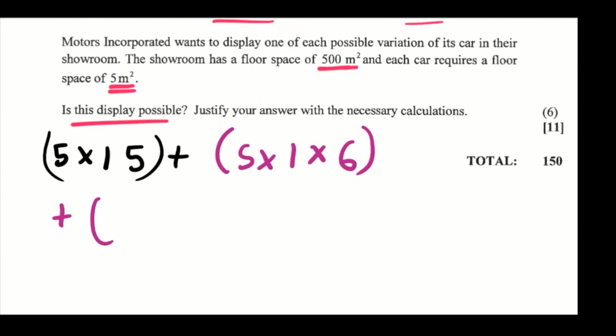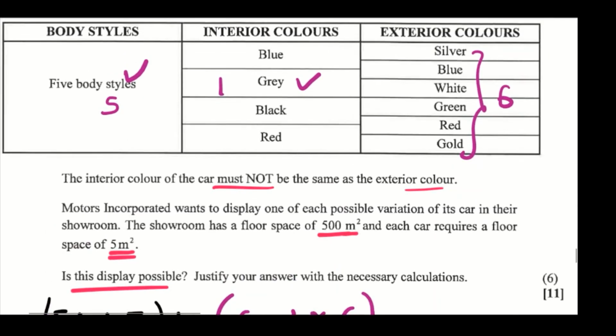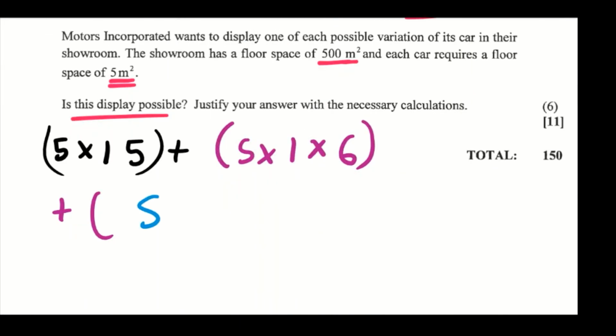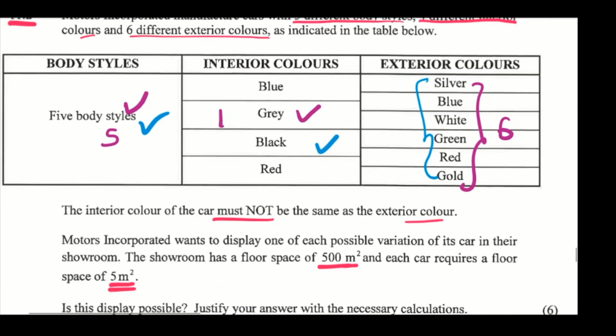all 5 body styles and the black, right? There's no black here, so you have all the options, which are 6. So it's 5 times 1 times 6, right? And then we have all body styles, and now we want red, and we cannot choose this red. So how many options do we have?